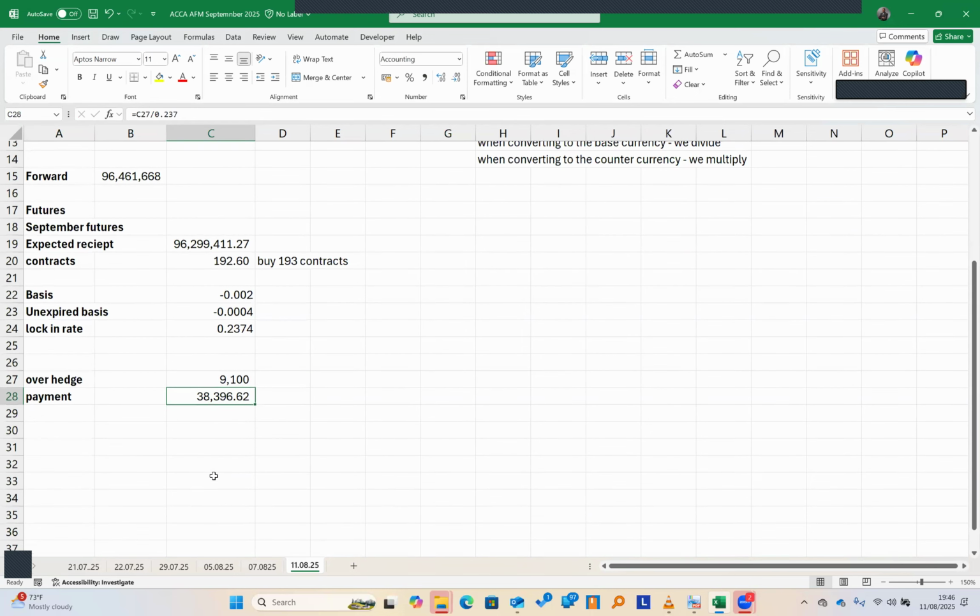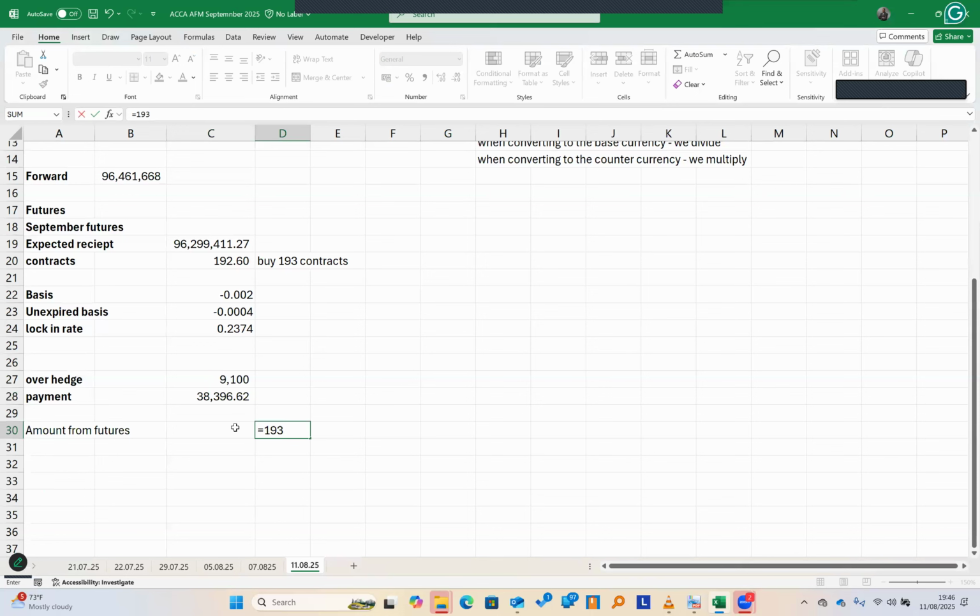So now we know that. Let's see how much now. If we put it together, the amount which is received from futures is going to be 193 contracts by 500,000. That one we have already agreed.